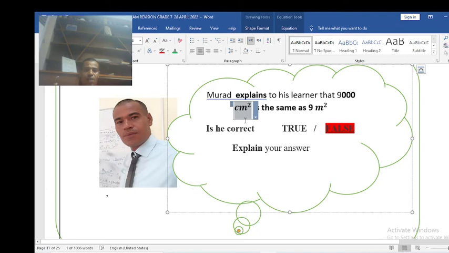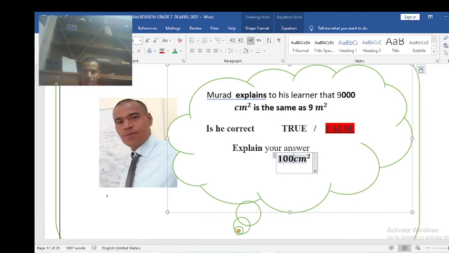Here we have, learners, 100 centimeters is equal to 1 meter. So we told 1 meter equals 100 centimeters. Then I'm going to extend this one.